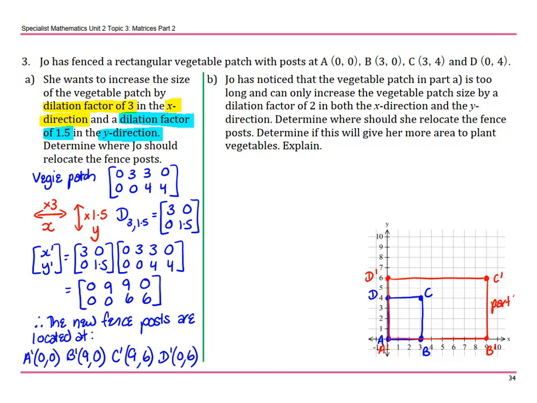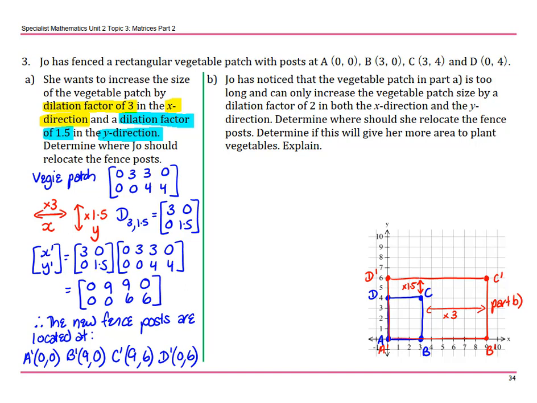This is part B. And what you should be able to see is that in our vertical direction, we've times by 1.5. And in our horizontal direction, we've times by 3. So if you think about this coordinate here, if we look at C, it did have a y coordinate of 4, and then it became 6, which is times by 1.5. Now let's look at the next part.